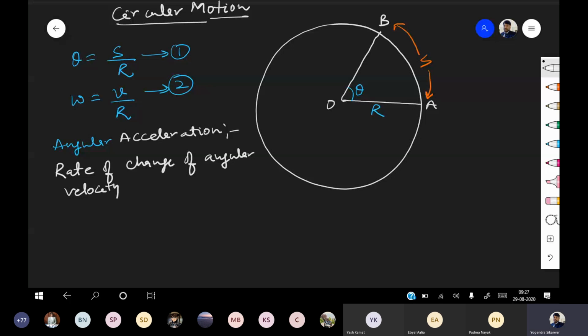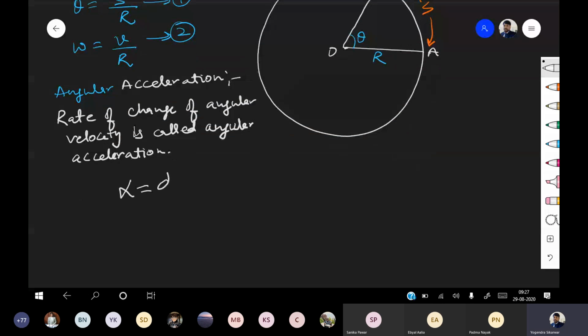Rate of change of angular velocity is called angular acceleration. So we have done angular acceleration. We have done? Yes, sir. Okay, no problem.